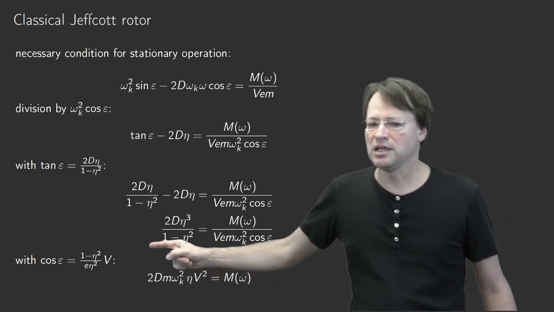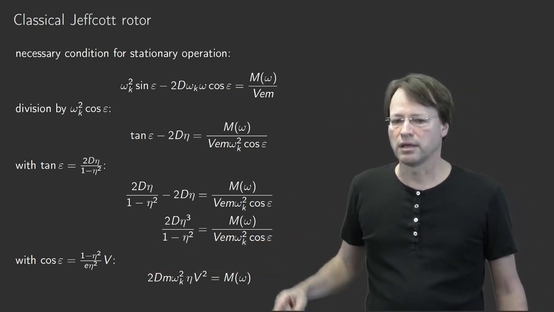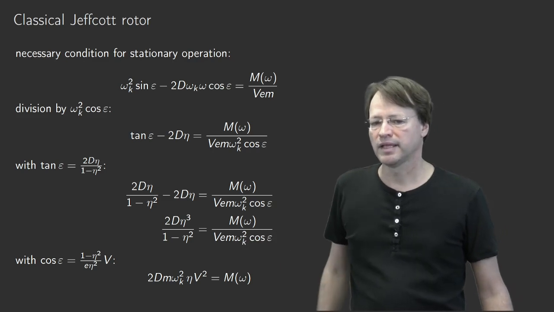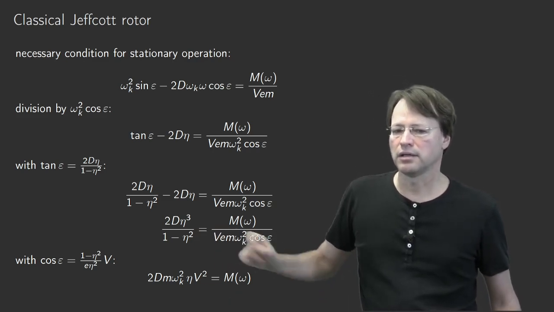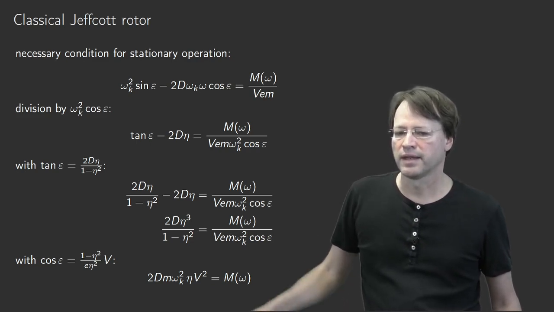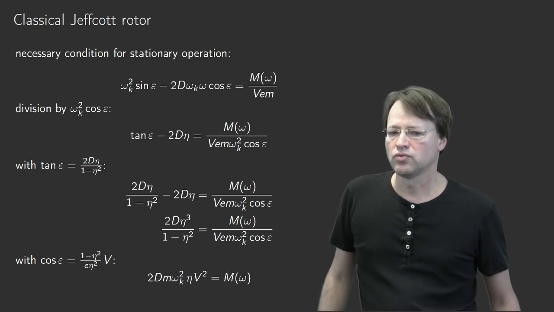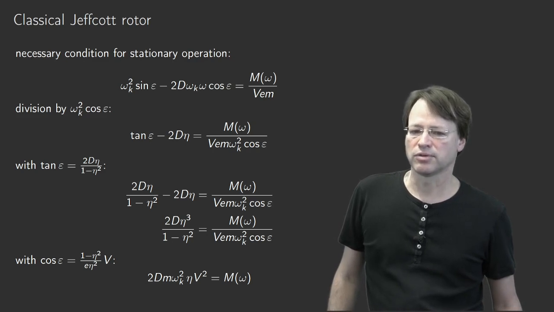And the e times eta squared moves in the numerator again, and so we get a 2d m omega k squared eta v squared here in that expression.